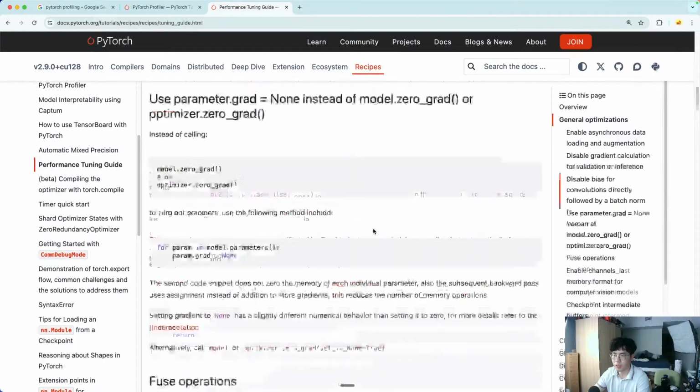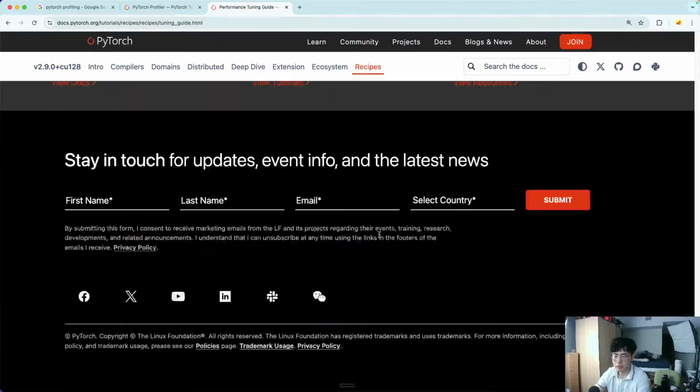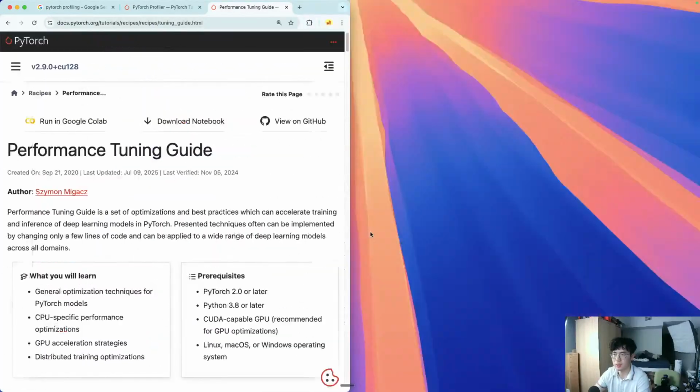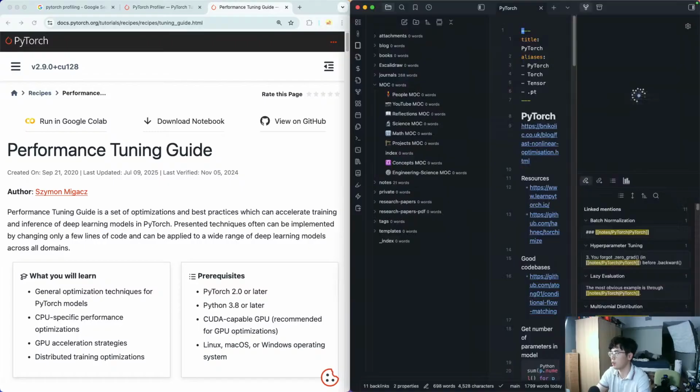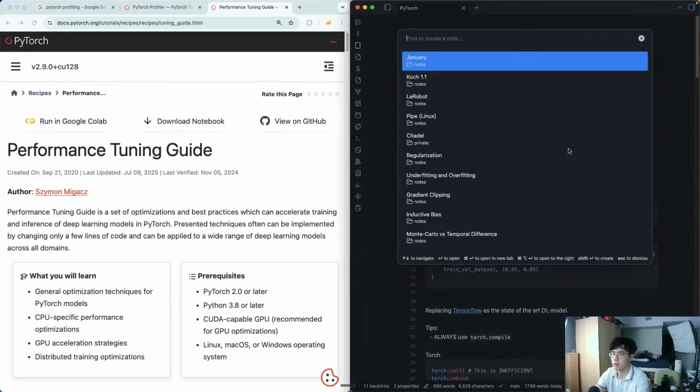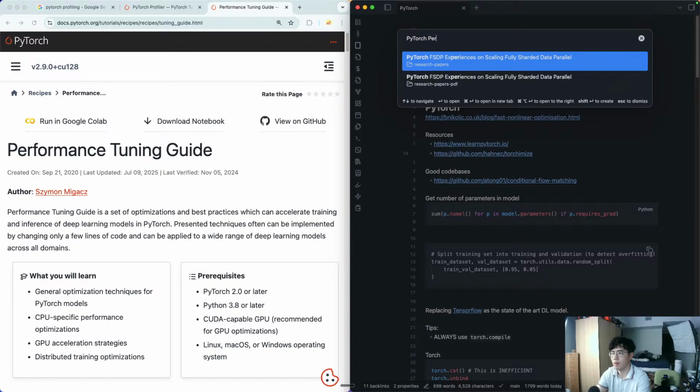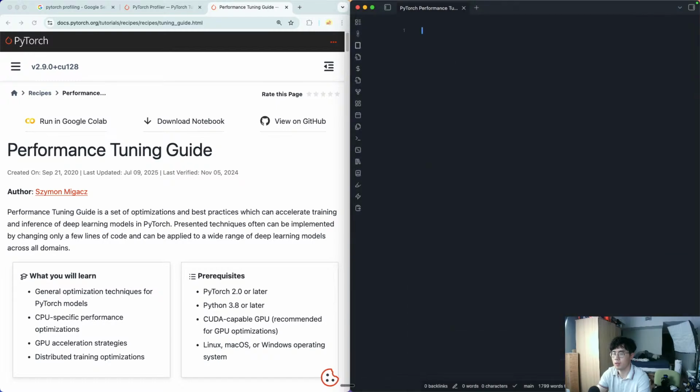So I'm gonna spend some time reading this and seeing if I actually already know this stuff, and then I'm gonna pull out my notes and see if there's anything.